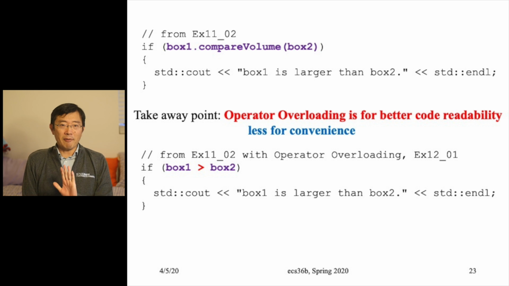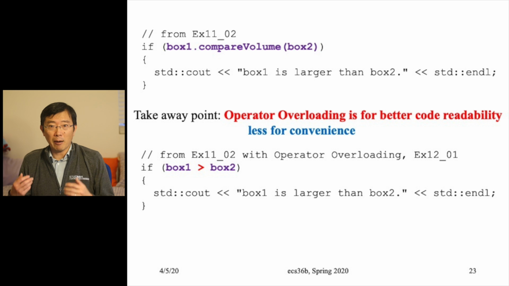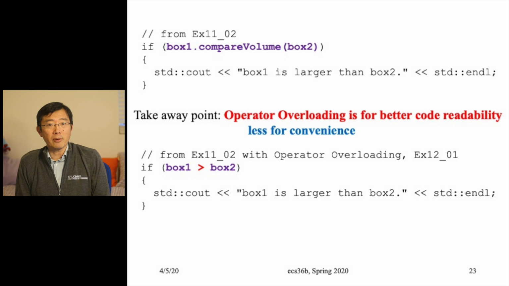This is very subjective, and some people actually like the original version. But when we design operator overloading, this is what we want to do: use the operator with a new semantic for an abstract object, so that we can read the code more naturally.